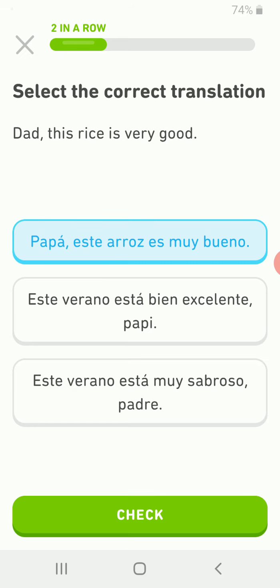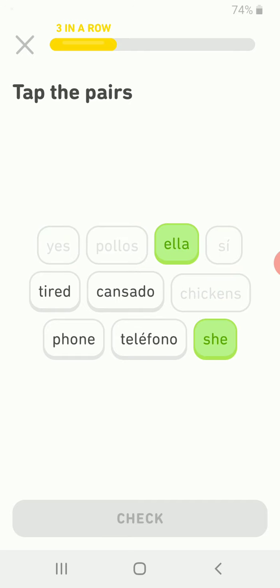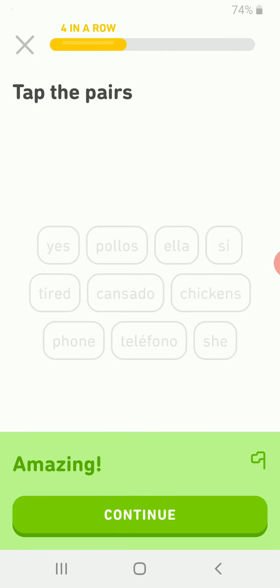Este arroz es muy bueno. So this is the first time that we meet this word arroz. It means rice. And yes is sí. Pollos, chicken. Ella, she. Tired is cansado.